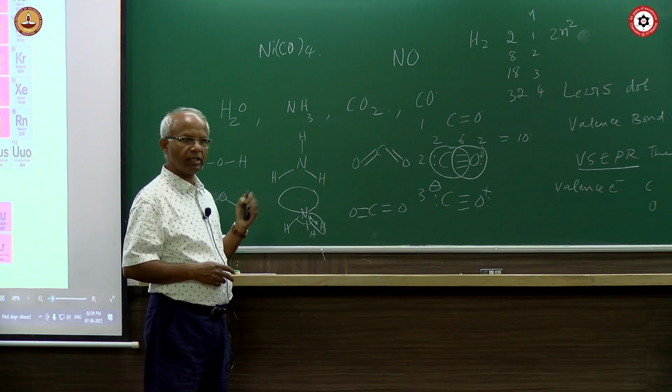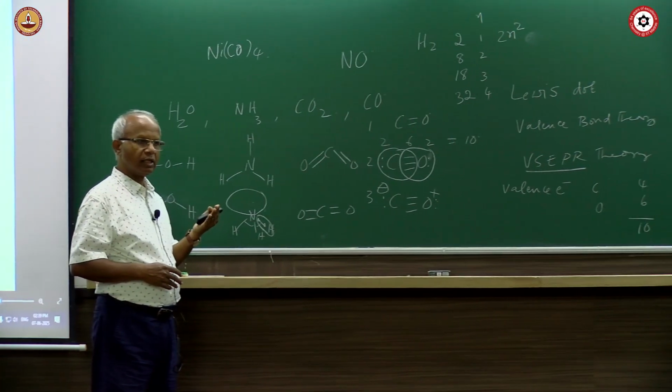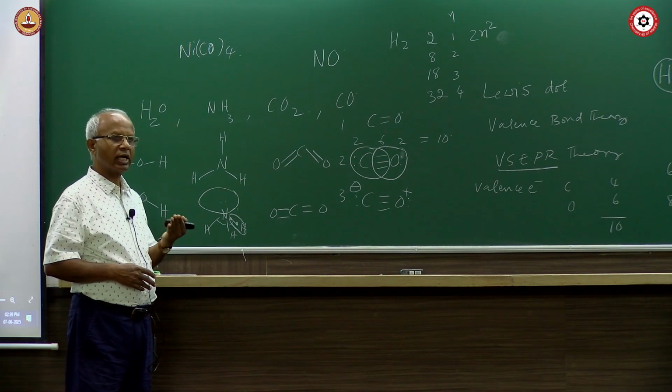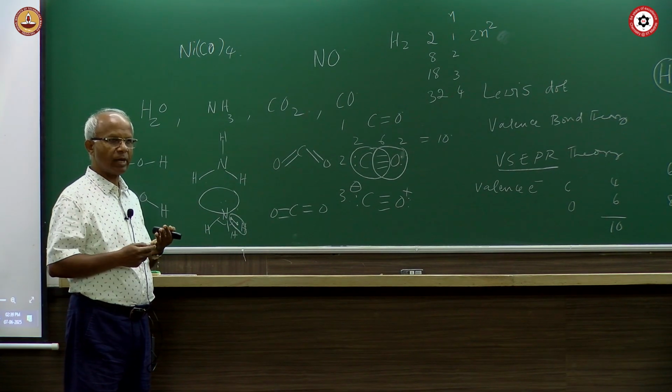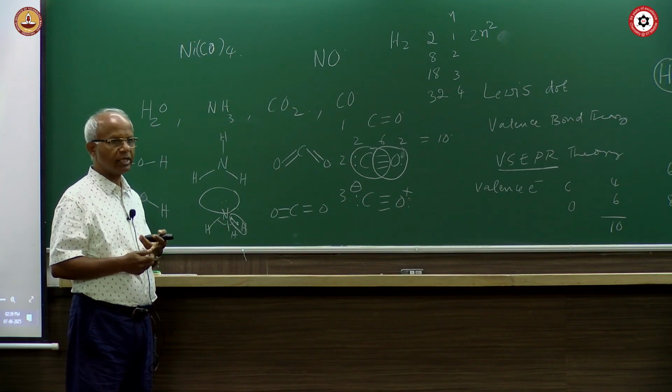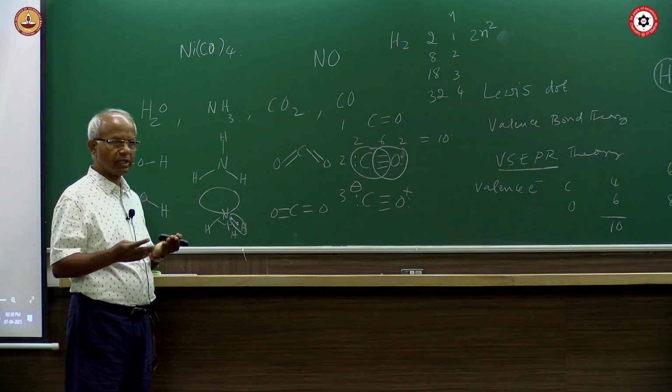Valence bond theory says hybridization happens, but what compound will give what kind of hybridization, particularly for transition metals, you will not know. So it doesn't explain that. That's the shortcoming of valence bond theory.